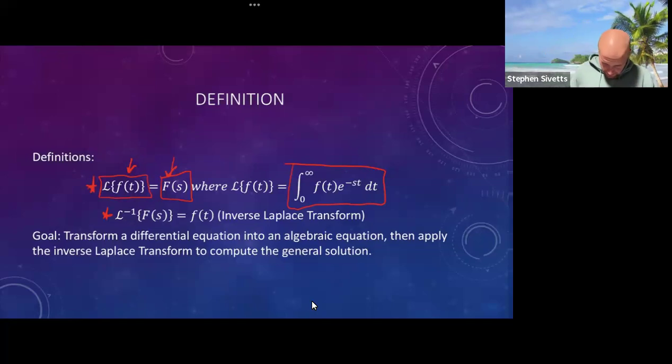So that is the idea. We're going to transform a differential equation into an algebraic equation in s, right? And then in future videos, we're going to show how the inverse Laplace transform is applied to find the general solution for the indicated differential equation. Okay. But for now, let's look at Laplace transforms of various functions.